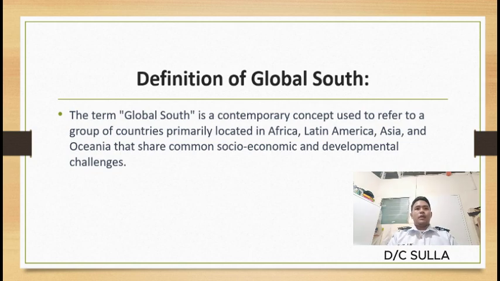Additionally, some Global South countries have made significant progress in various areas and are considered emerging economies. These characteristics provide a general overview of some of the challenges and opportunities often associated with the Global South.